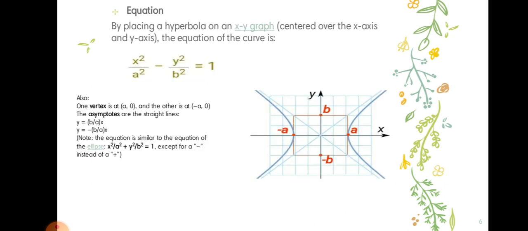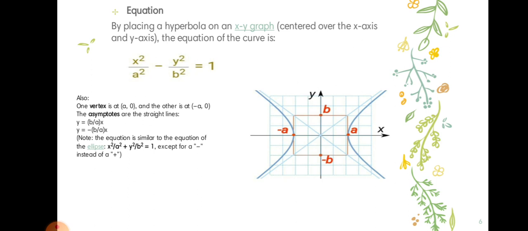Now, the equation. By placing a hyperbola on an x-y graph centered over the x-axis and y-axis, the equation of the curve is x squared over a squared minus y squared over b squared is equal to 1. It must always equal 1. One vertex is at (a, 0) and the other is at (negative a, 0).